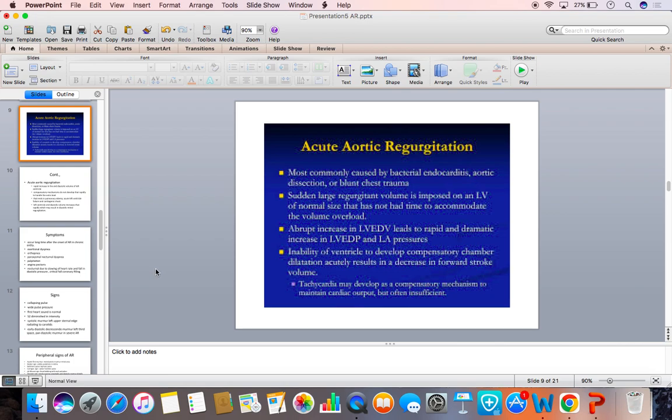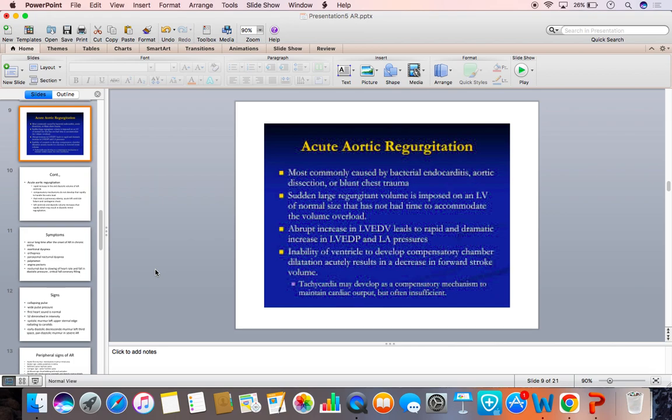Coming to acute aortic regurgitation, usually caused by bacterial endocarditis, aortic dissection, or blunt chest trauma. Sudden large regurgitant volume is imposed on the left ventricle of normal size that has not had time to accommodate the volume overload. Okay, the left ventricle has not prepared, not in a position to receive the large regurgitant volume.